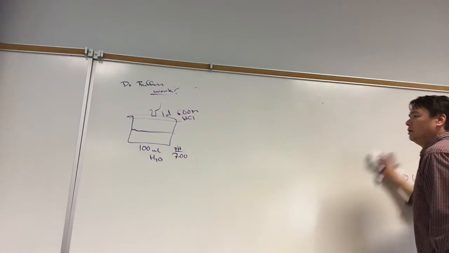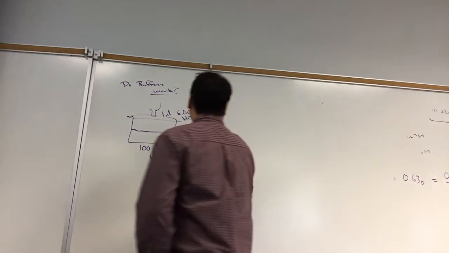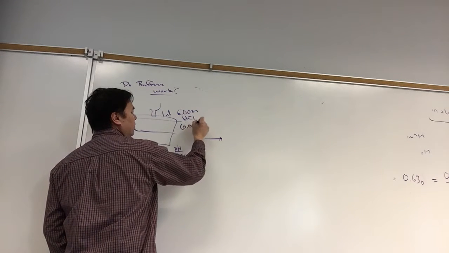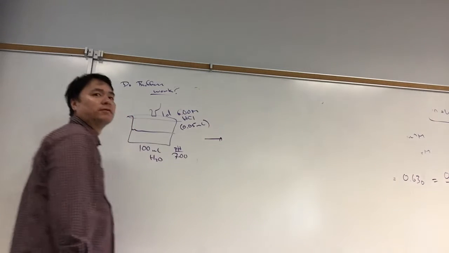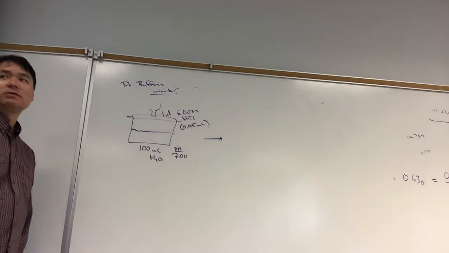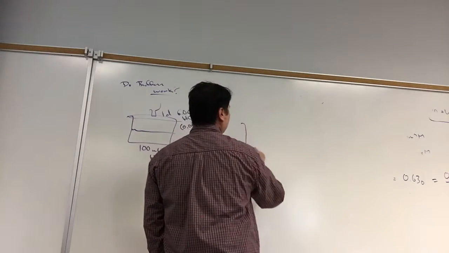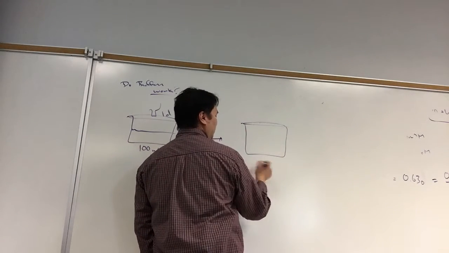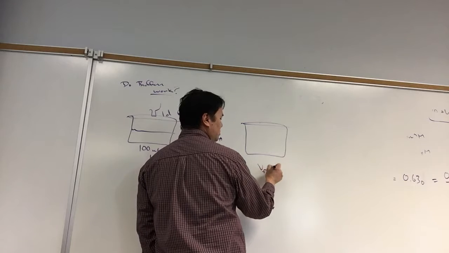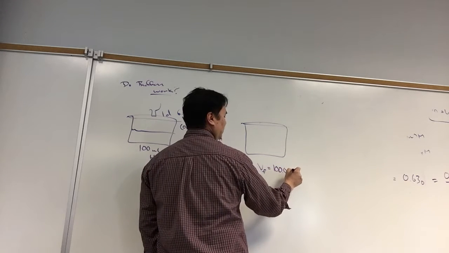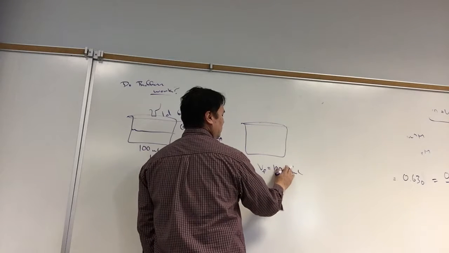One drop of water is about how many milliliters? About 0.05 milliliters, roughly; there are about 20 drops to a mil. Whenever we do solution dilution, we have to figure out the final volume. V final is going to be 100.05 milliliters.